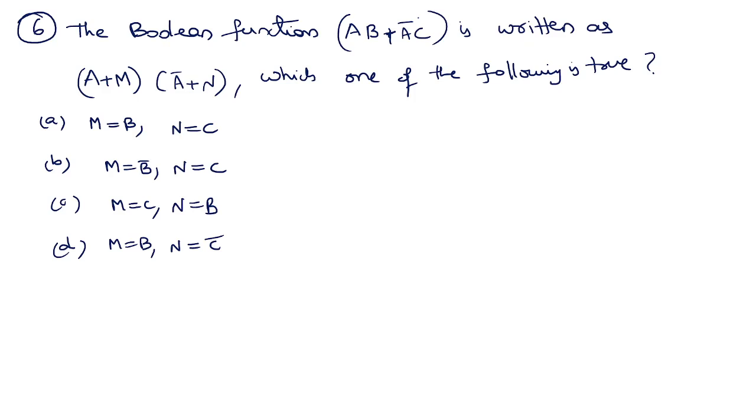The Boolean function AB plus A bar C is written as (A plus M)(A bar plus N). Which of the following is true?